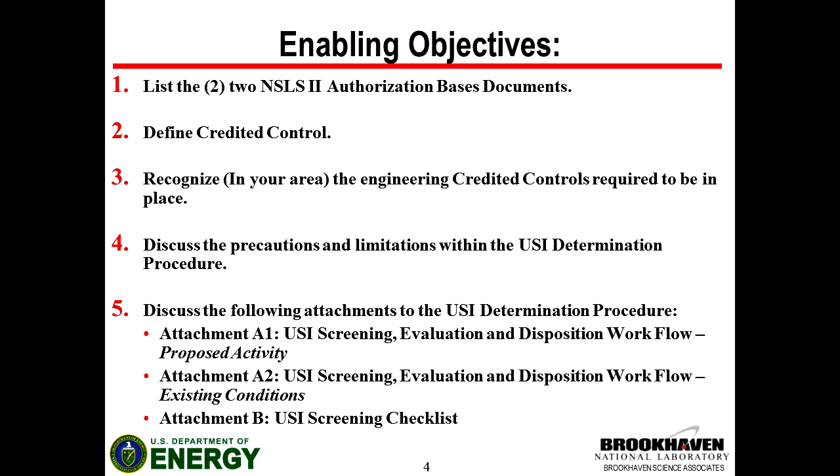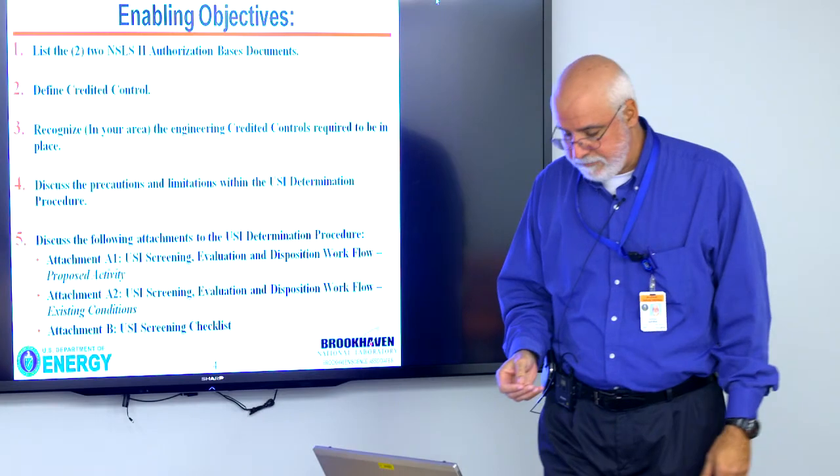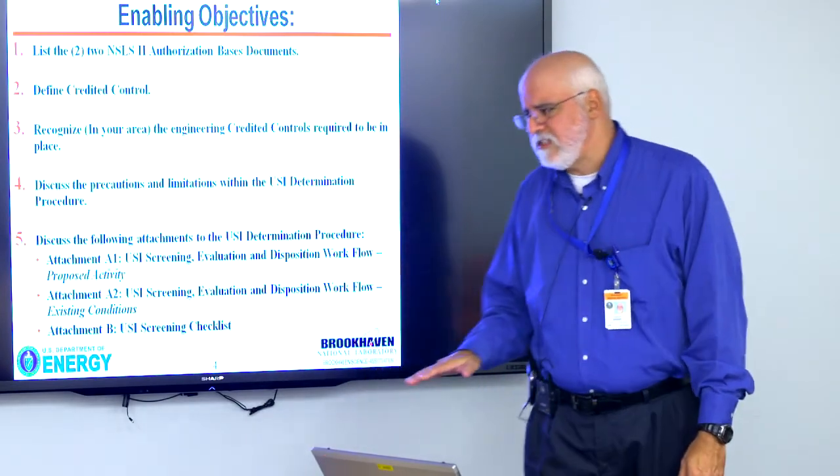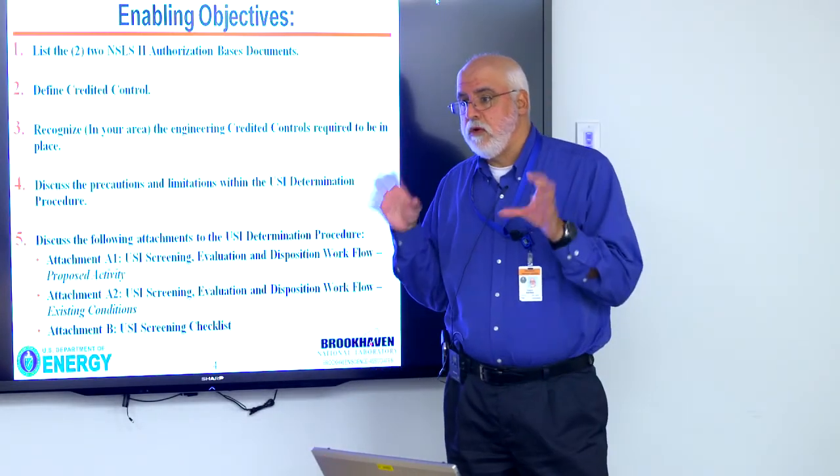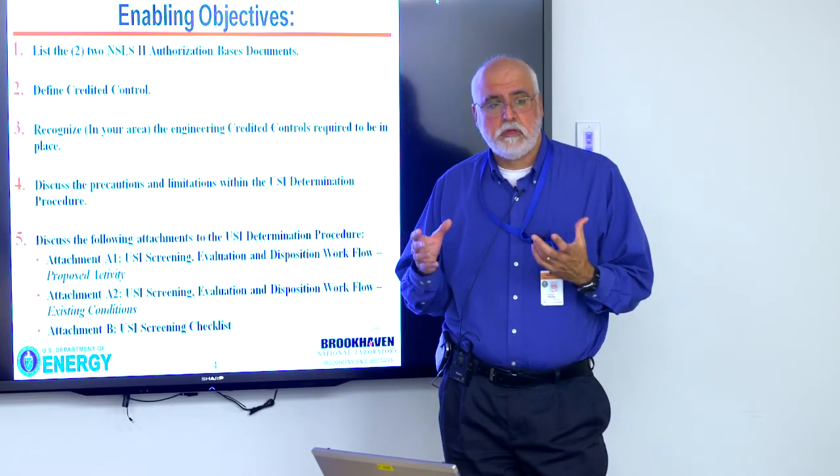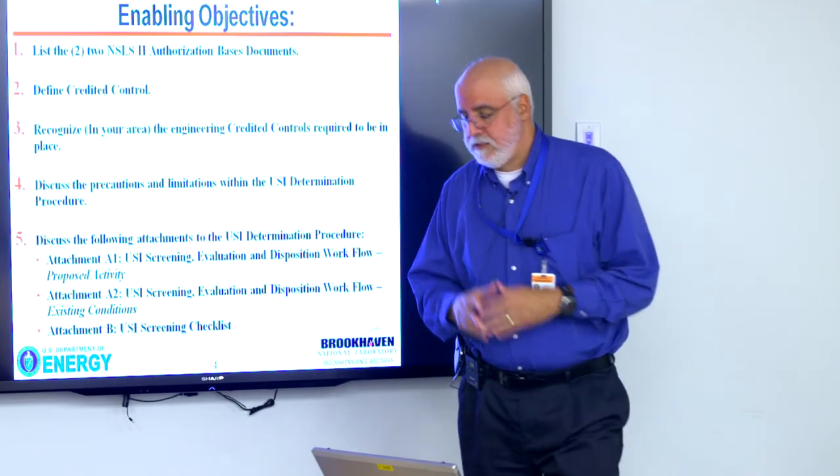We'll take a look at the 3 significant attachments in the procedure. The first 2 have to do with just big picture flow diagrams on the process. And then the last one, which I'll hand out, contains the 8 screening questions. Not that you're screeners, but if you have a sense of these 8 questions, then you'll be better able to tell somebody, hey, we think something has changed that needs to be looked at. Really, this is a configuration control method.